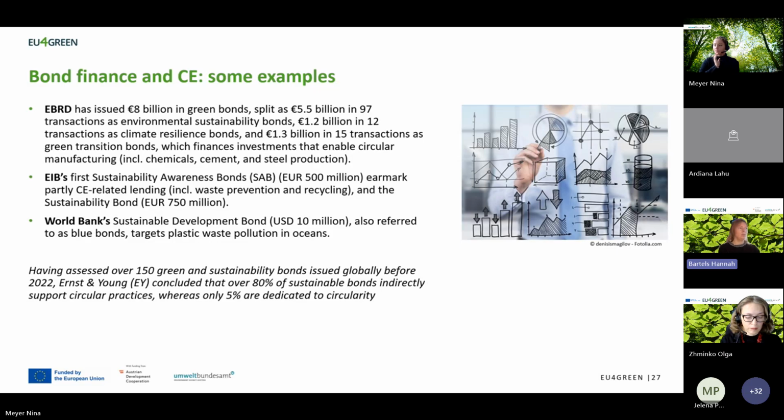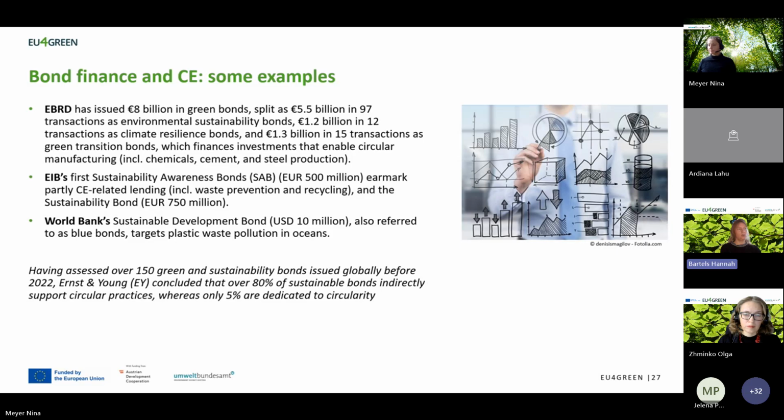Again, we also have EIB as a front runner issuing their first sustainability awareness bond, which earmarks partially CE-related lending, including waste prevention, recycling, etc.